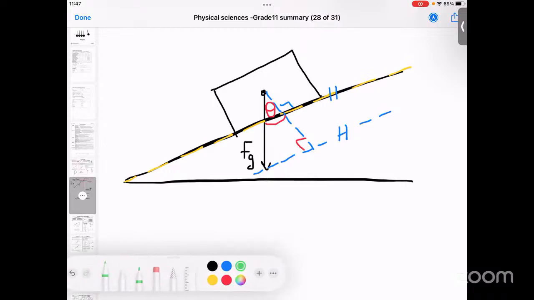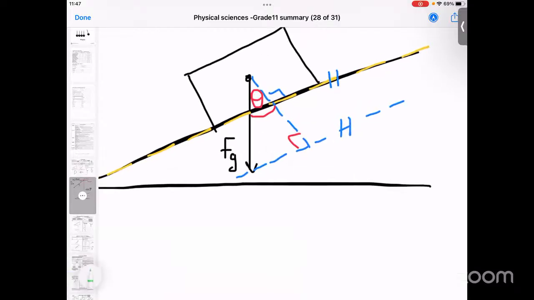Okay, let us now have a look at what's happening there. Definitely, this is the side which is opposite to that angle. It is for that reason that we are going to say this is that side which is FG, and this side is the one which is parallel to that slope. So this component is equal to our hypotenuse. The hypotenuse in this case is that FG. The weight, honorable member. FG and weight is the same thing.